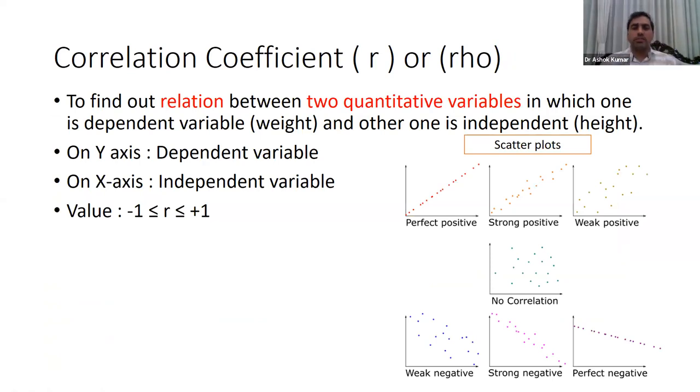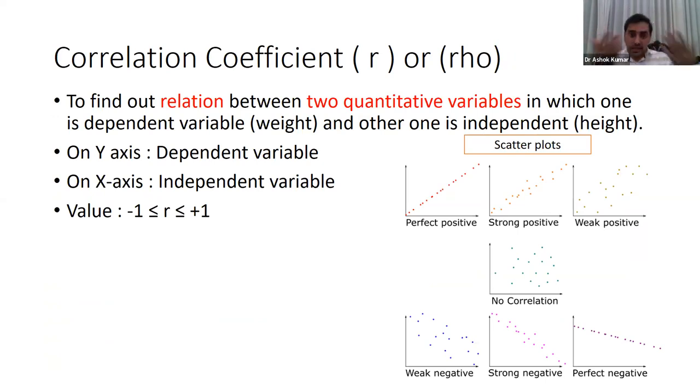Now correlation coefficient r or rho. r means Pearson correlation. Rho means Spearman rank correlation coefficient. It is used to find out the relationship or direction between two quantitative variables. If both quantitative variables are normally distributed, go for Pearson correlation.